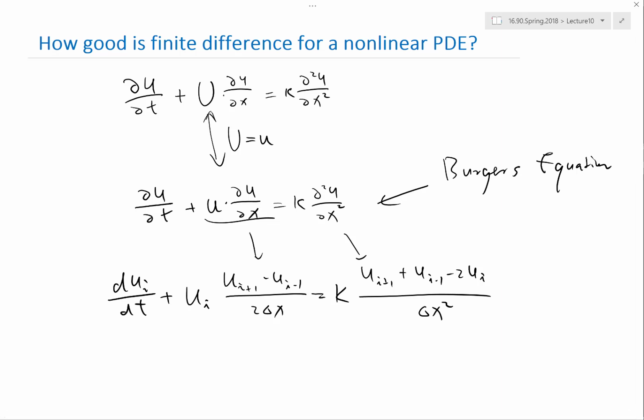All right, so I'll see you on Wednesday. We'll look at why finite difference fails on this equation and what we can do differently, using finite volume to solve this. All right.